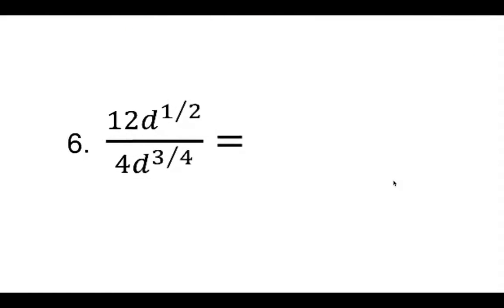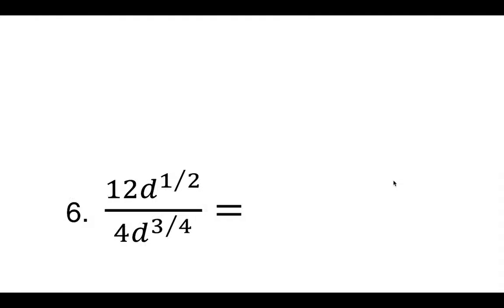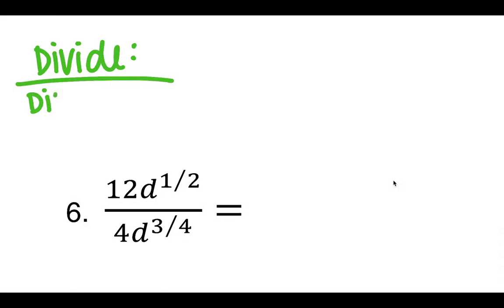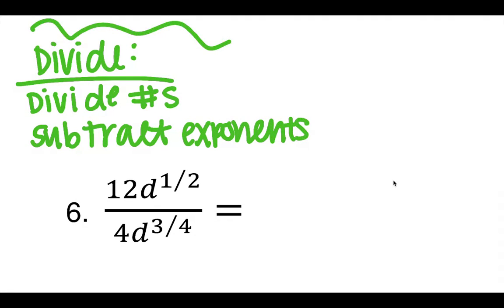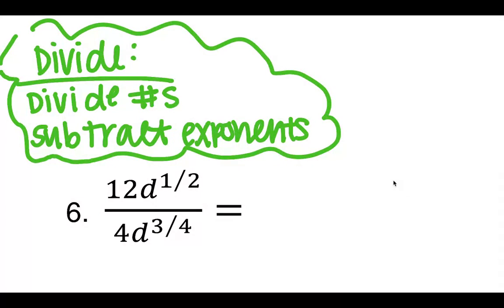We were dividing. So this time for dividing, remember, we're going to divide numbers, so any coefficients, and then you subtract exponents. Again, this is just review, but we've got some rational exponents there. So 12 divided by 4 gives me 3.